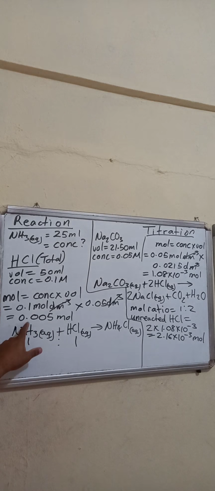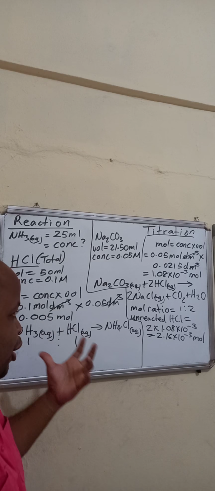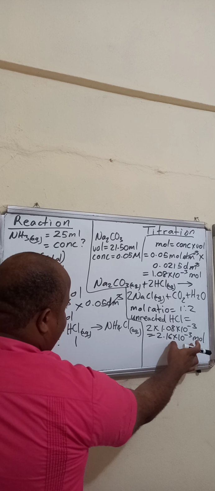Alright? So we know the total moles of HCl that was used in the reaction, 0.005. Out of these 0.005 moles, this amount did not react with the ammonia. So if this is the total and this amount did not react, then the amount of moles that actually reacted would be 0.005, which is the total minus the unreacted.